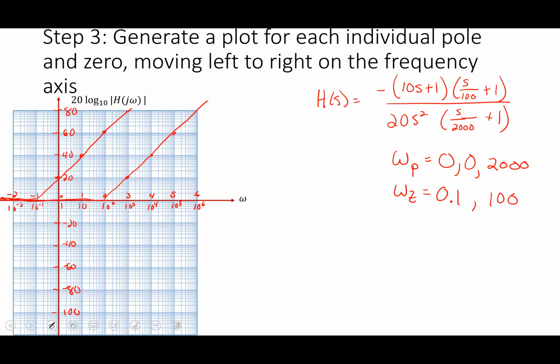So that's that first tick there between 10 to the 3rd and 10 to the 4th. So what am I going to do for that guy? Flat until 2,000. And then I'm going to fall. And what rate do I fall at? Same rate as all the others, 20 dB per decade.